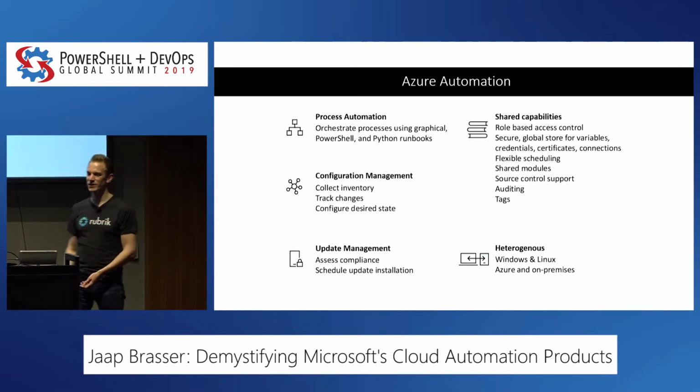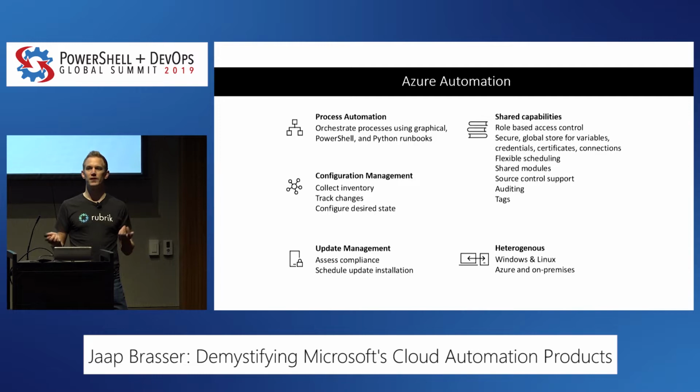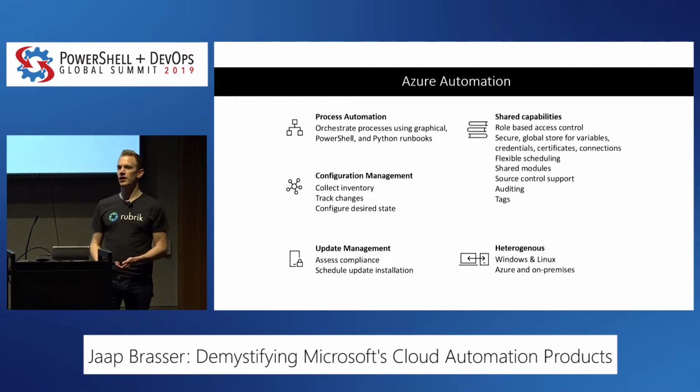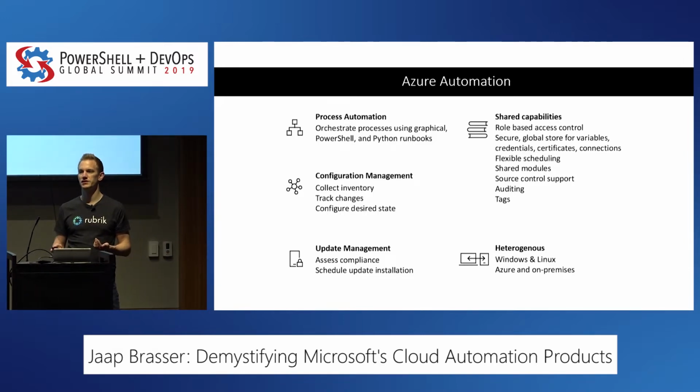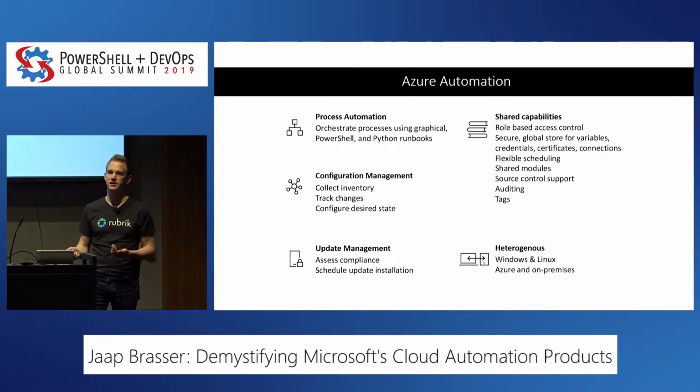So let's get started with Azure Automation. Azure Automation is the scheduling engine, the configuration engine we can use to configure our devices, to run our PowerShell scripts, and we can both run these scripts and workflows in the cloud.